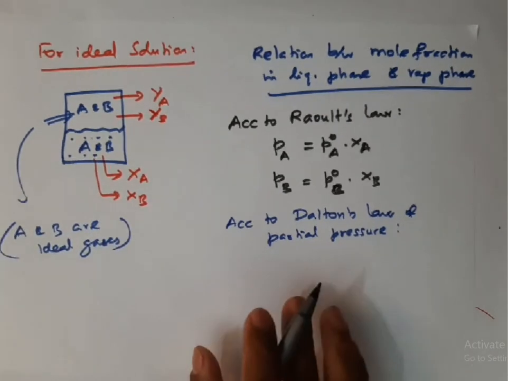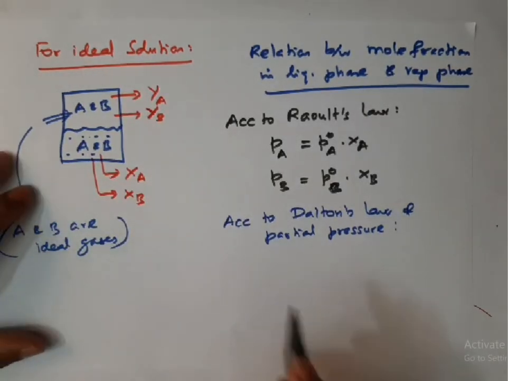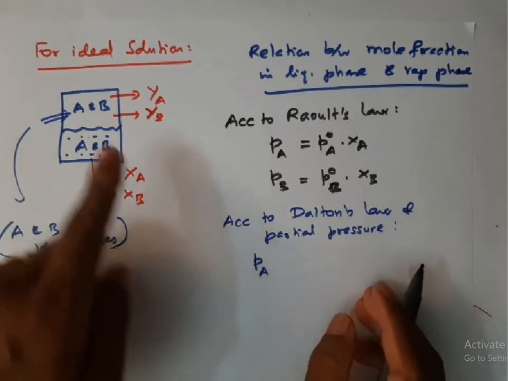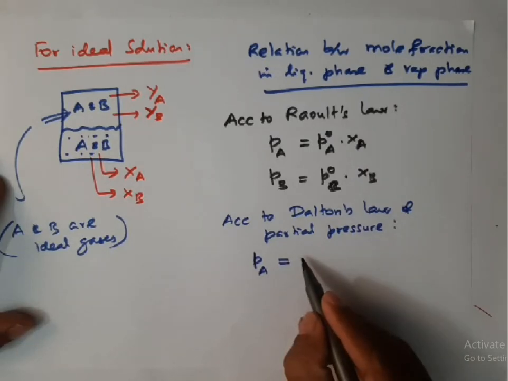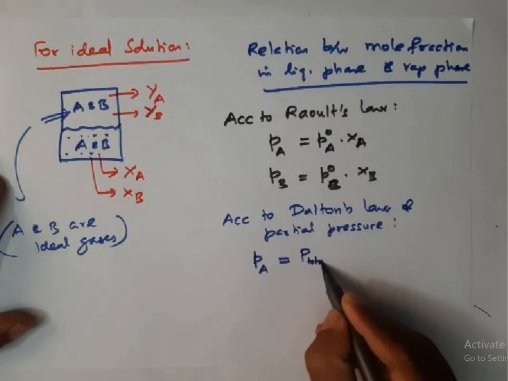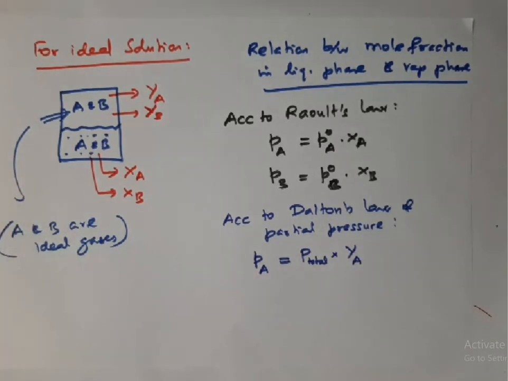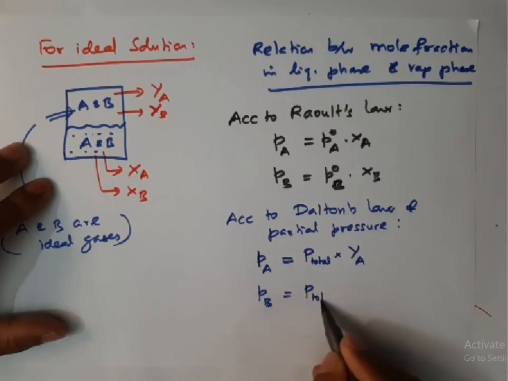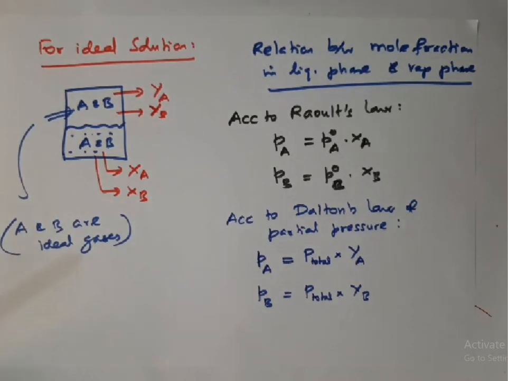If the two gases A and B are ideal gases, then I can write the partial pressure of A, students observe this carefully, partial pressure of A is equal to total pressure into mole fraction of A in the vapor phase. Similarly, partial pressure of B is equal to total pressure into mole fraction of B in the vapor phase.